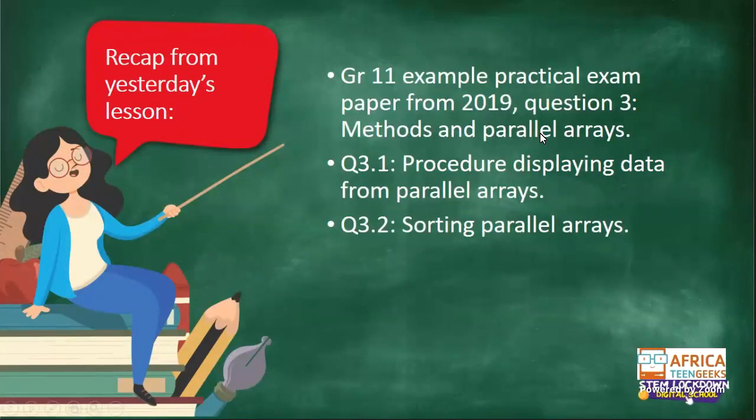So yesterday we started with question 3, the methods and parallel arrays, and we did the first 2 sub-questions. The first one was just a simple procedure displaying data from parallel arrays. If you recall from yesterday, this project file already has the 2 parallel arrays declared, and the data is already filled in.